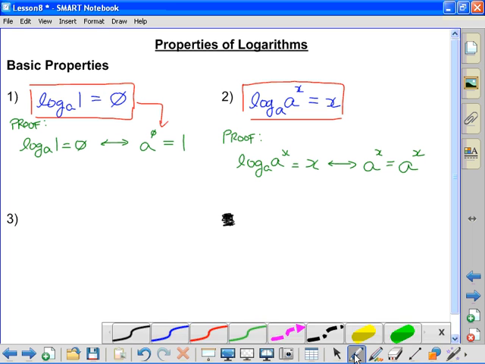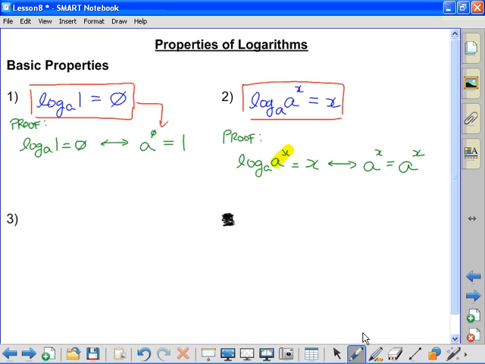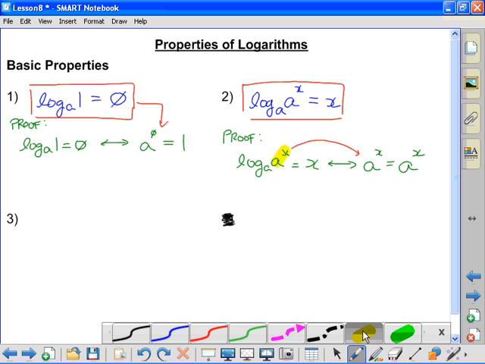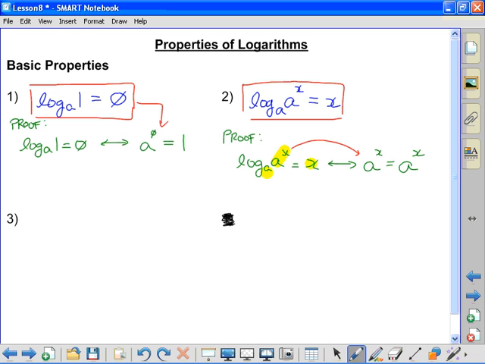Just to help you out here, what I'm going to highlight in yellow, that became our term here. And then the other 2 terms, these 2 guys, when we put it together, form the right side. So again, it looks like common sense, but a to the x equals a to the x.